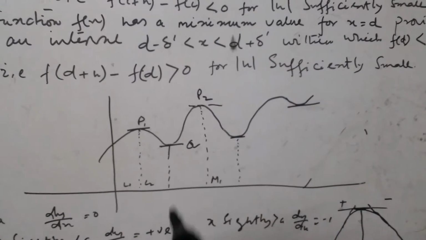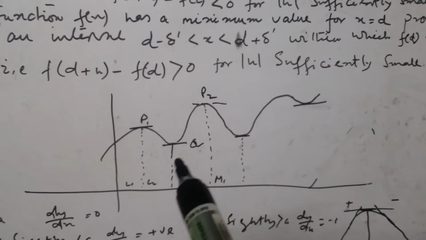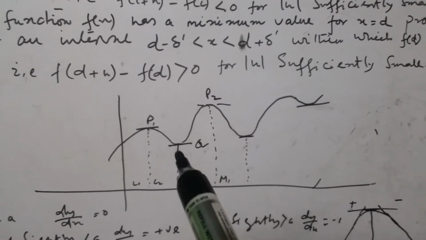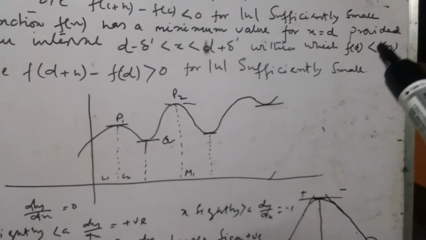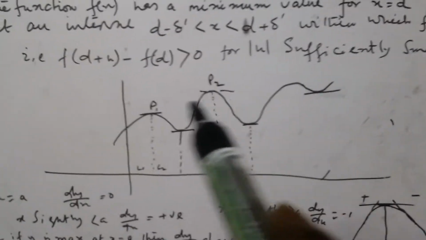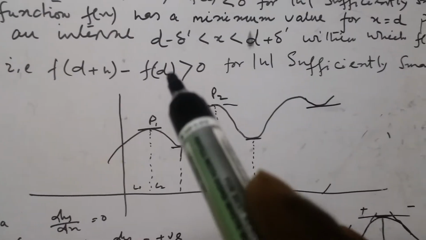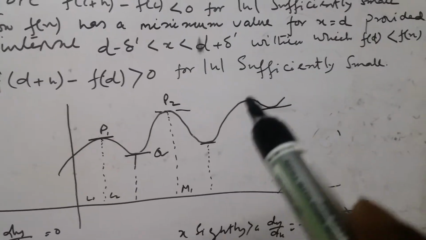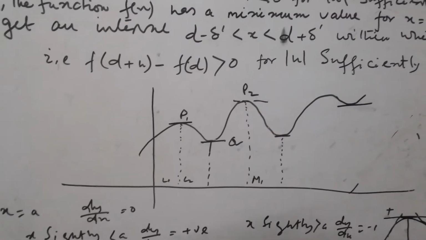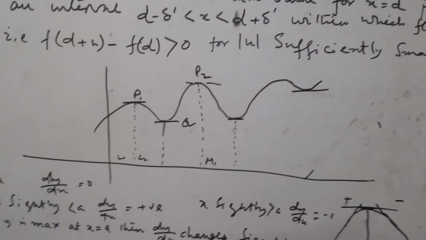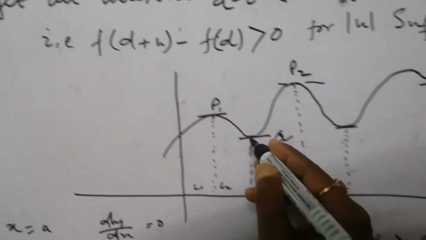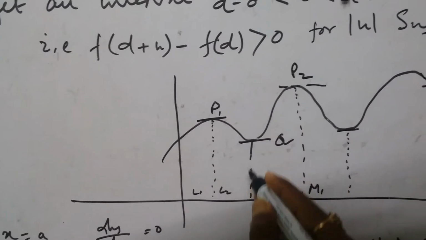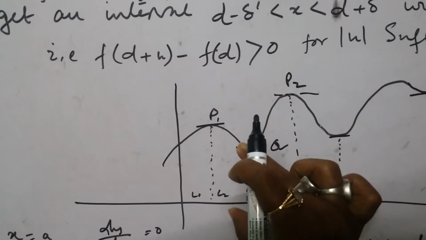That distance will be greater than this, so f(x) is greater than f(d). So f(d plus h) minus f(d) is greater than 0 for modulus h sufficiently small. So here you find f(x), suppose that is f(x), that is f(d), so f(x) is greater than f(d).